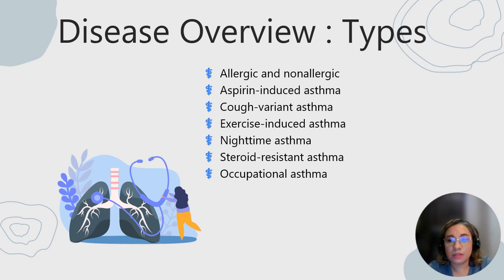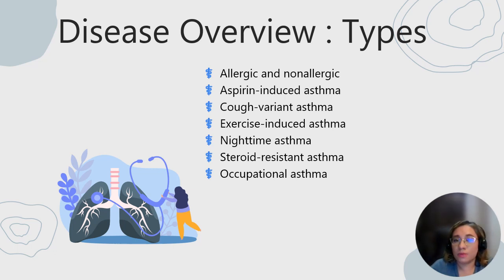Some causes of allergic asthma can include pollen, grasses, weeds, mold, animal dander, dust mite, and cockroach species. Non-allergic asthma, which usually happens after midlife, can be caused by recurrent respiratory infections.